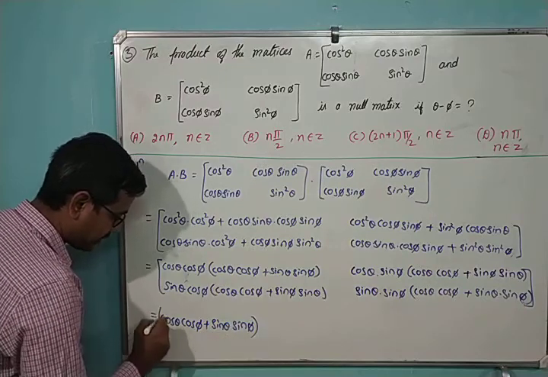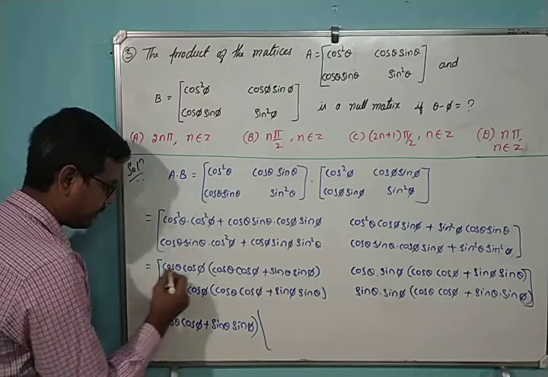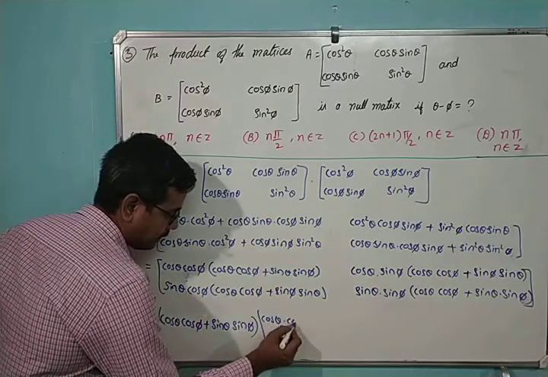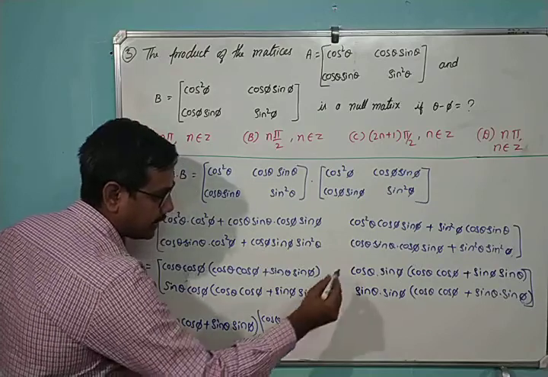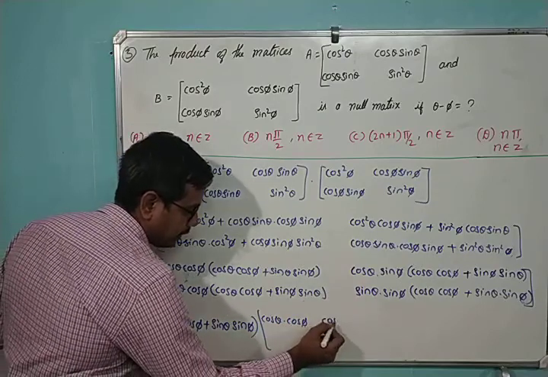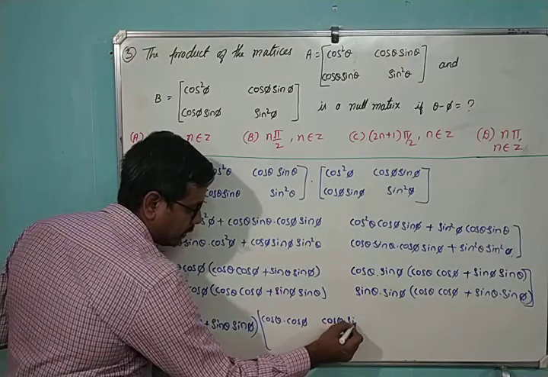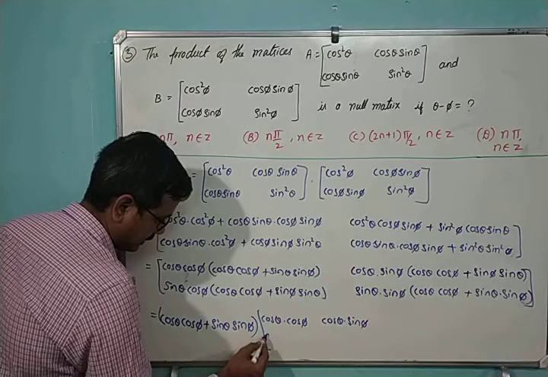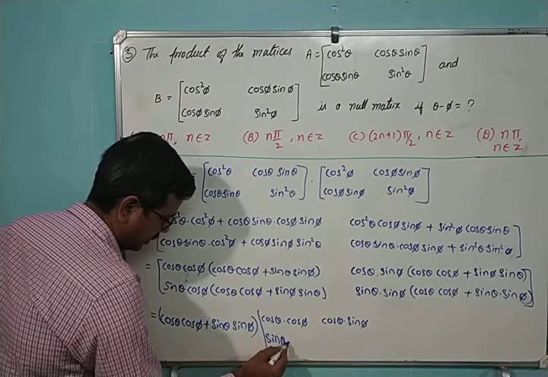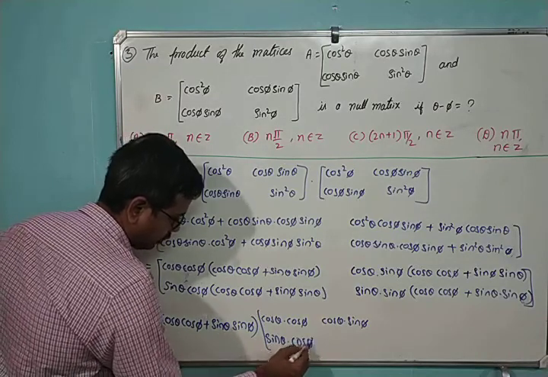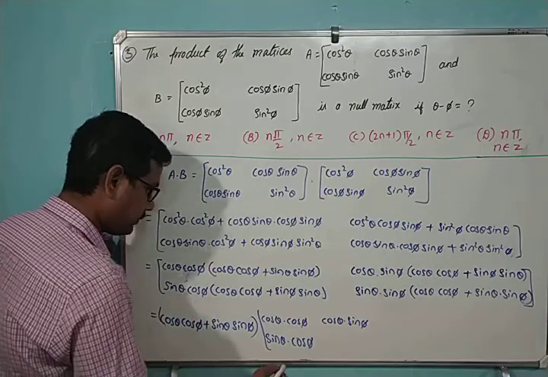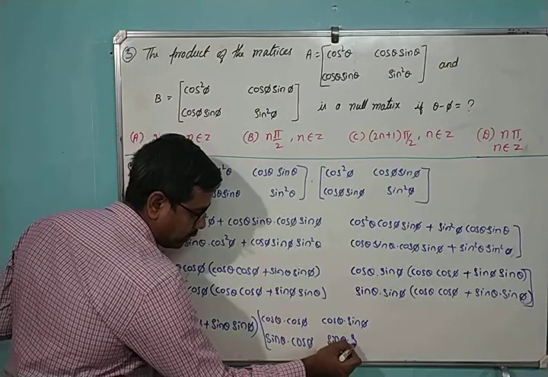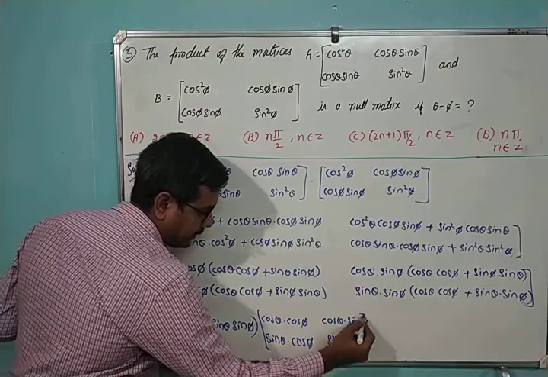So if I take it outside, what will be remaining in the matrix? Cos theta into cos phi, and there cos theta into sin phi, and here sin theta into cos phi, and there sin theta into sin phi.